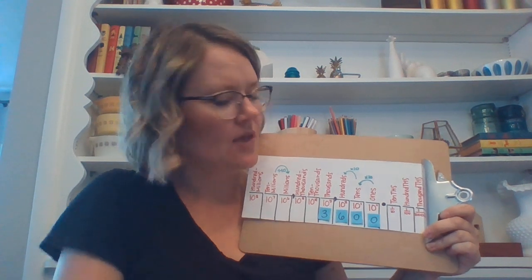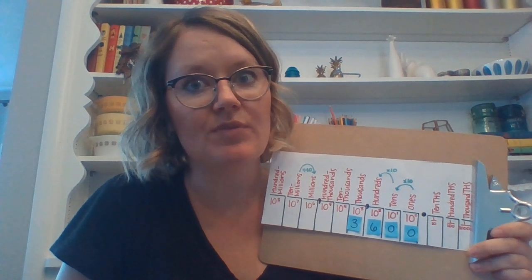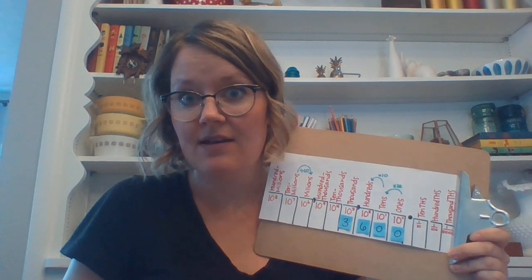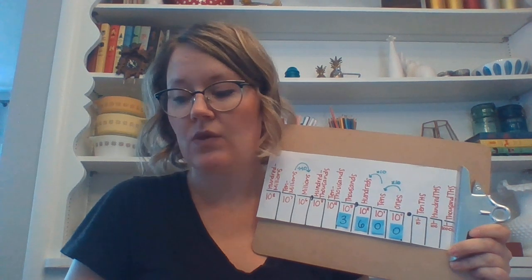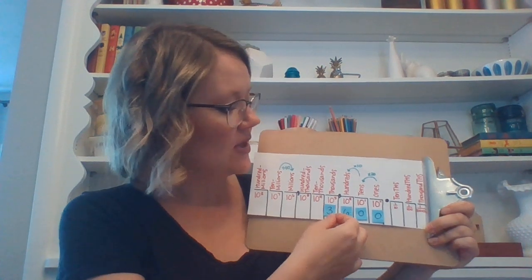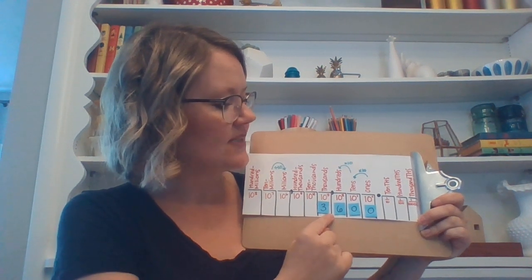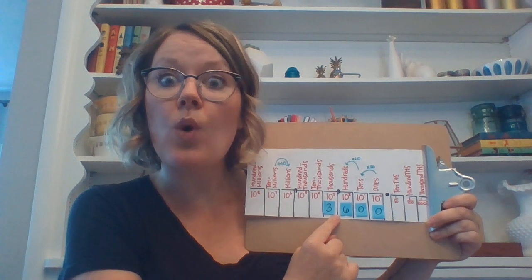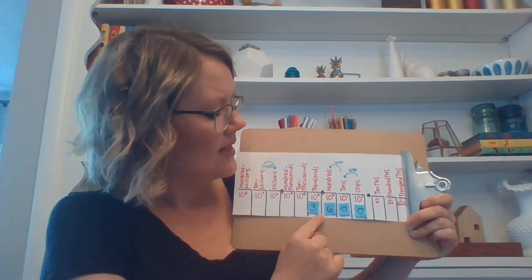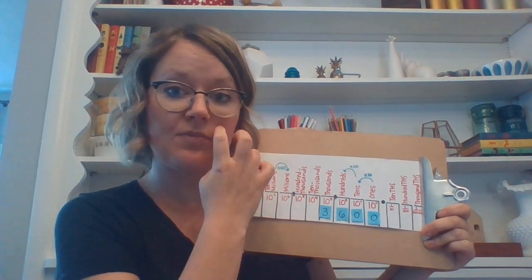Okay. So what would happen if we had to multiply by not just 10, but 100? Well, one thing that we know is that 100 is 10 to the power of 2. So it means we're going to multiply by 10 and then multiply by 10 again. So if I'm going to multiply this number, 3,600, by 100, that means everything is going to multiply by 10 to the second power.